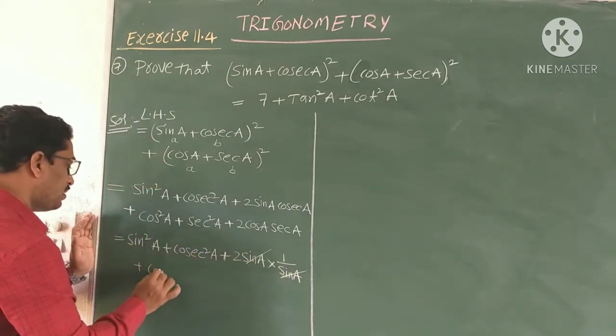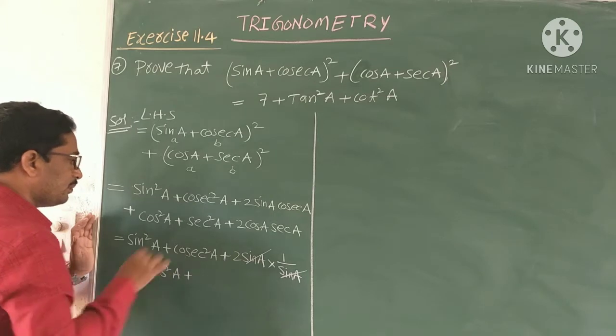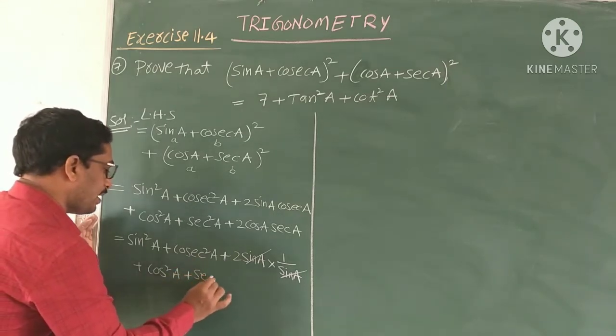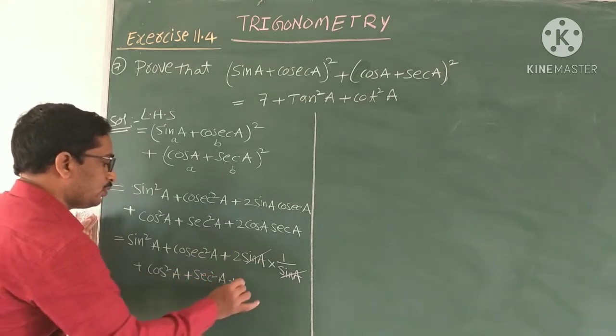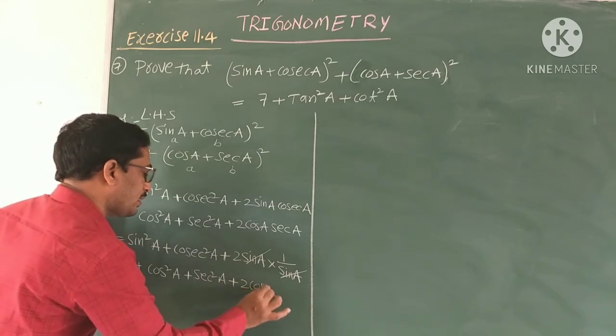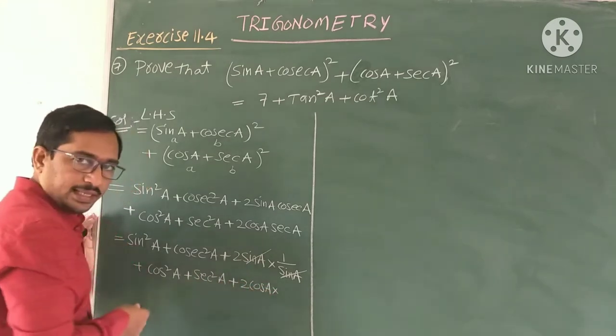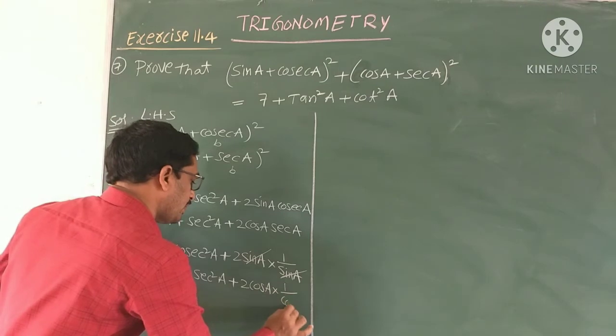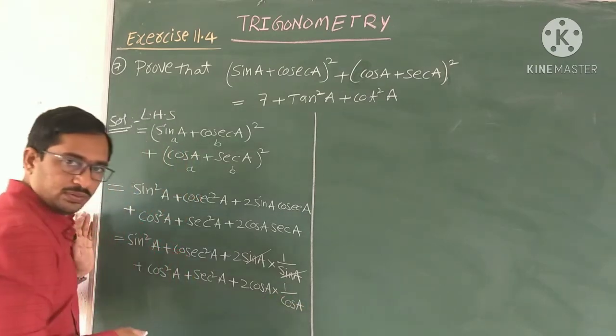Next, plus cos square A plus sec square A plus 2 into cos A as it is into sec A. Sec A means 1 by cos A.